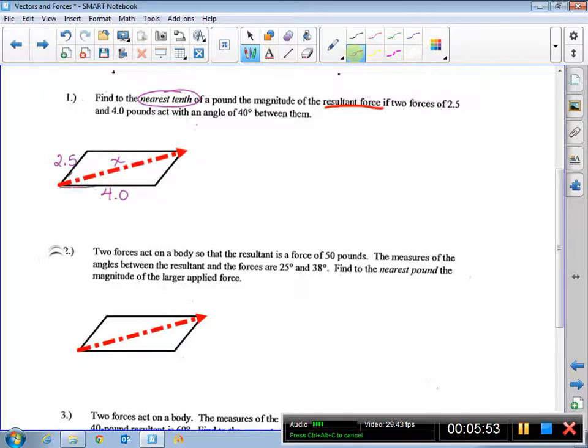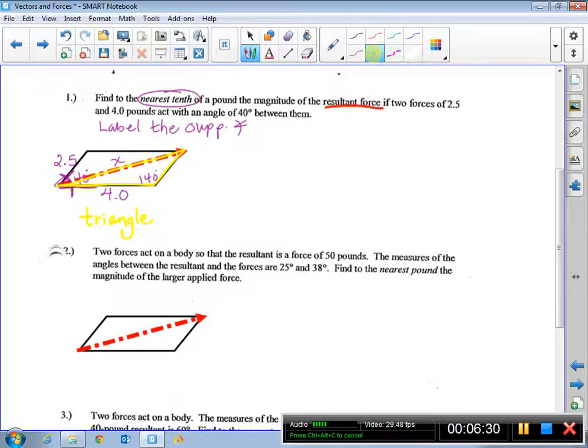So these two forces have an angle of 40. Now take my advice and right away label or fill in the supplementary angle. So if this angle over here is 40, then this one is 140 degrees, the obtuse angle. Now the reason we do that is because in trigonometry, we want to work in a triangle.